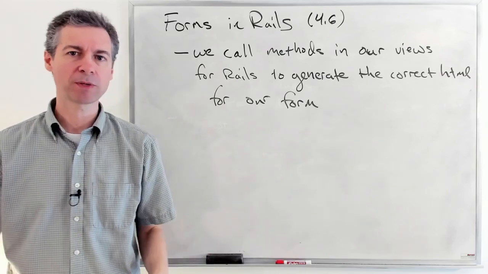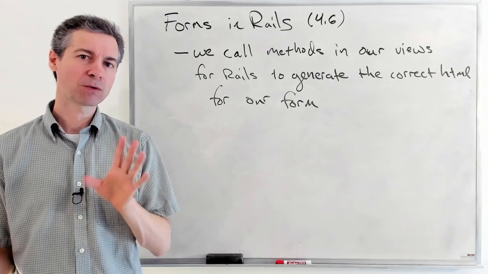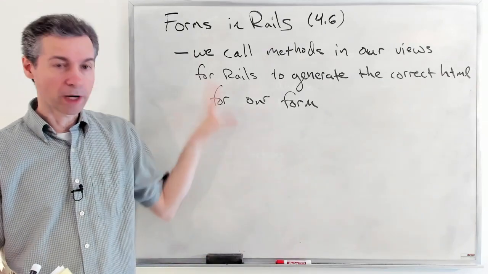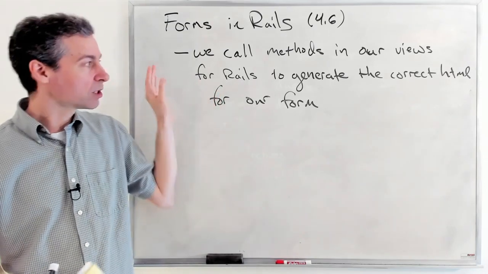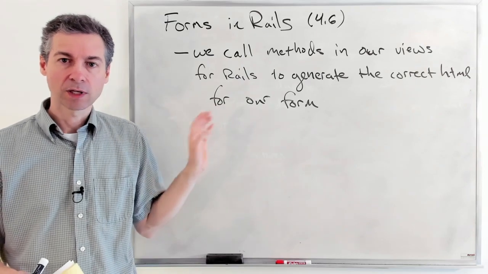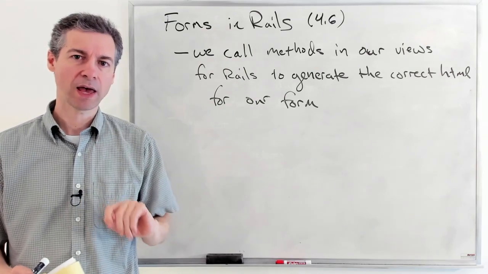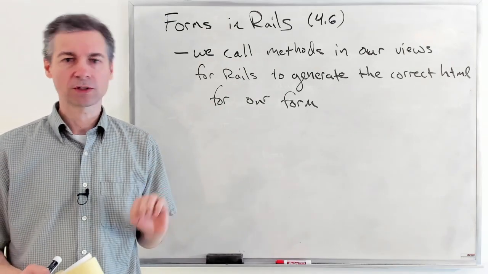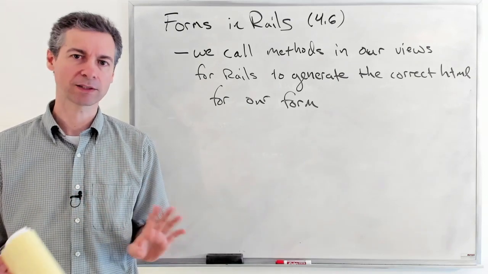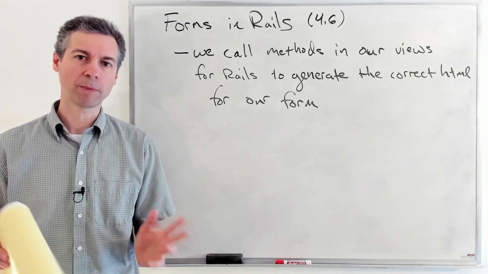And now some of you are going to be like, why don't we just write it in HTML? And the really big reason is that when we utilize the method in Rails, it's going to add in particular special token tags, which are security features to prevent things like cross-site scripting attacks and things like that. So there are important security considerations when building web apps.